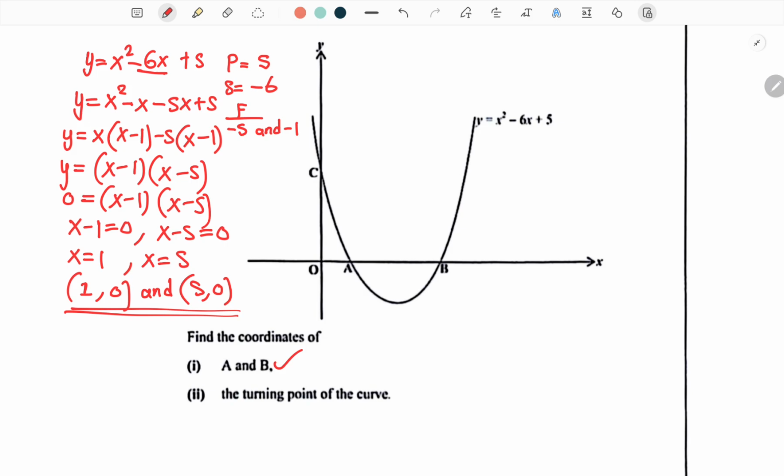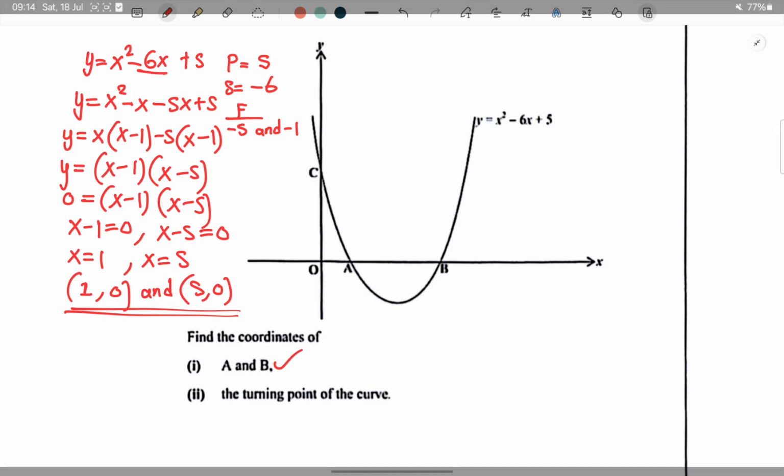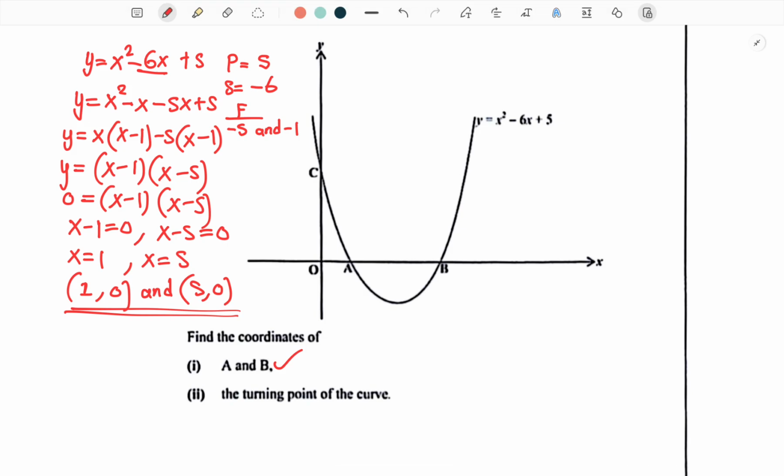The next question is saying we find the turning point of the curve. So how do you find the turning point of the curve? Your turning point is found using the formula minus b over 2a. So let's check.